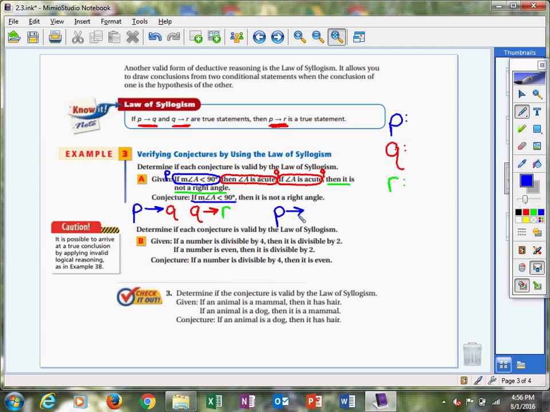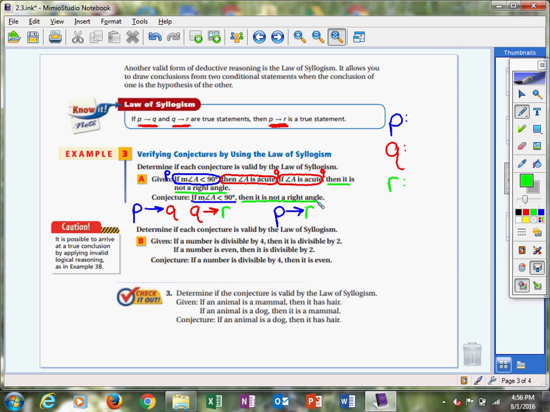Then it's not a right angle, which was R in our previously given statement. So let's check the veracity of that. Well, angles that are less than 90 degrees cannot be right angles. They have to be acute. Only 90-degree angles are right angles. So that's a true statement.